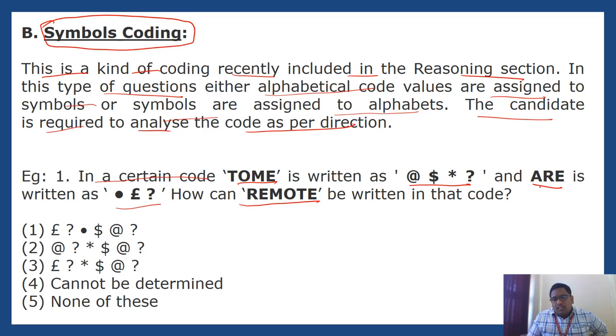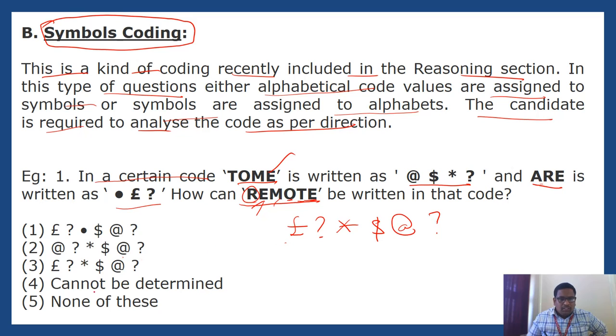So if you see, R stands for this euro symbol. E stands for question mark. M stands for this symbol. O stands for dollar. T stands for this one, and E stands for question mark again.